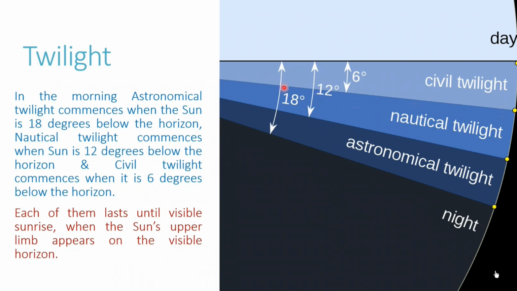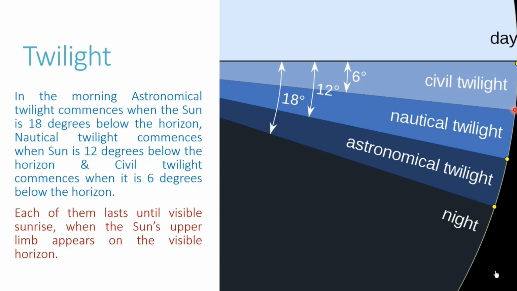The middle portion is what is important for the navigator for the purpose of sight taking. This period is basically the commencement of nautical twilight to the commencement of civil twilight.